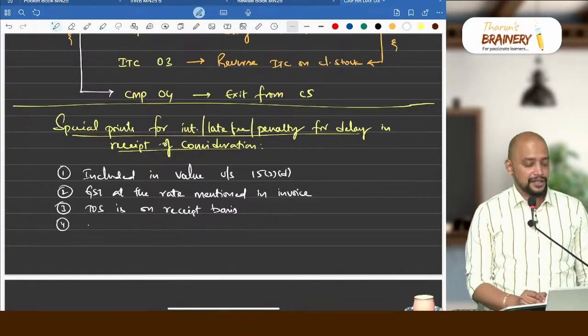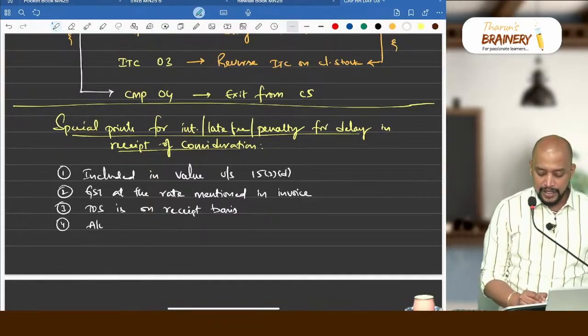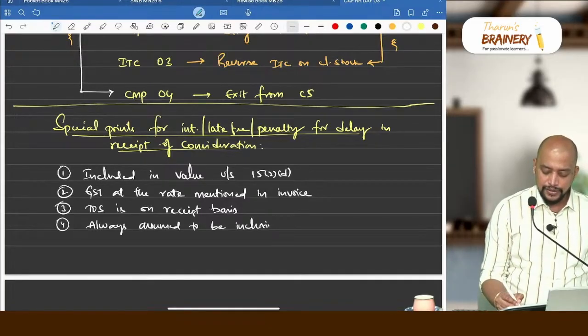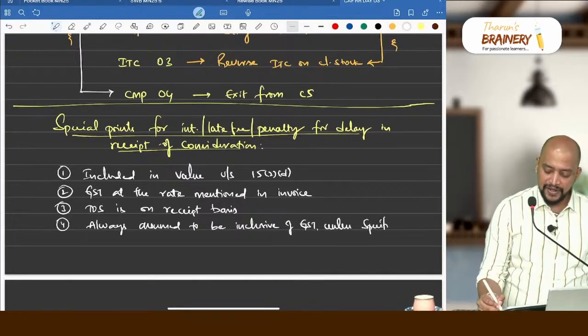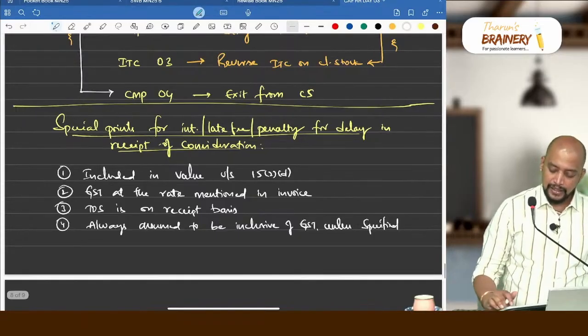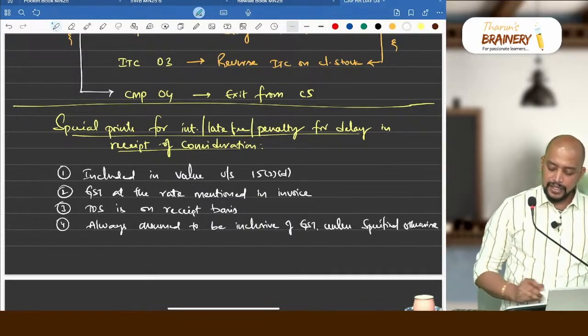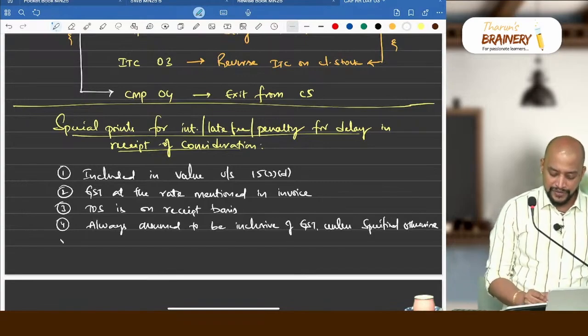So unless given in the question, it is always assumed to be inclusive of GST unless specified otherwise.